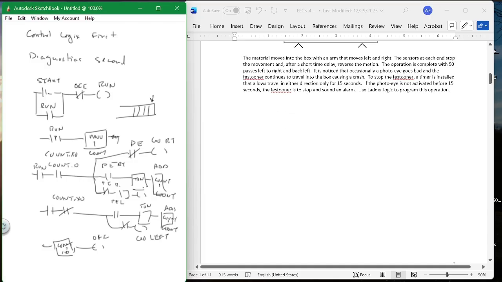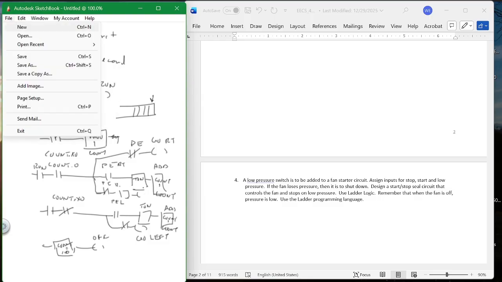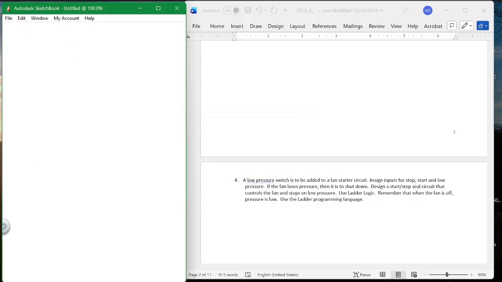Okay. A low pressure switch is added to a starter circuit, okay? Now, here is one where, when you see this kind of thing, you should be tipped off right away that a starter circuit looks like this. You've got a start, you've got a stop, and you've got a run.